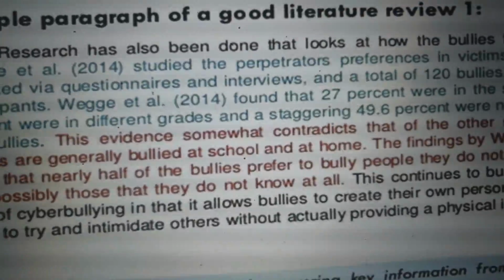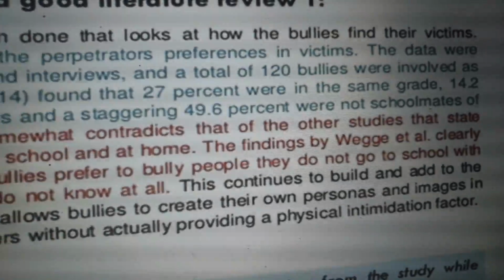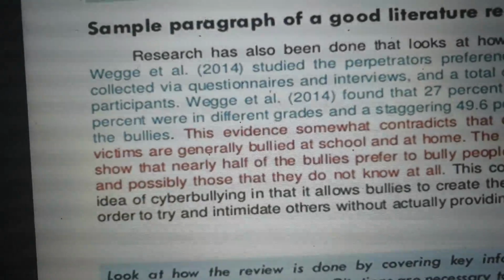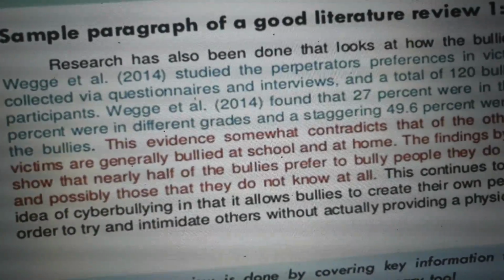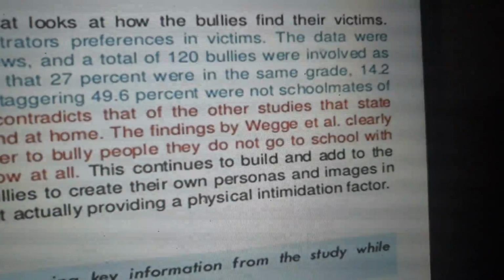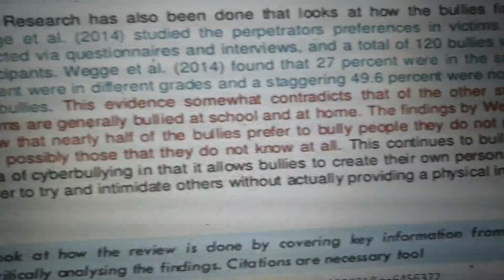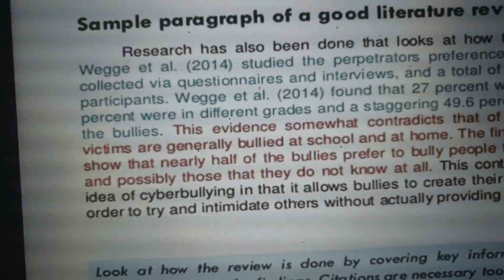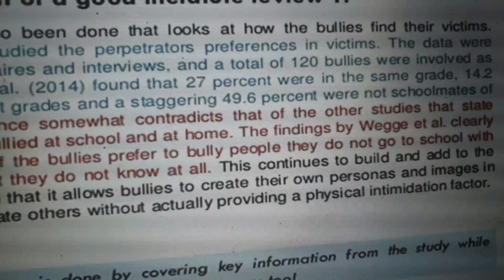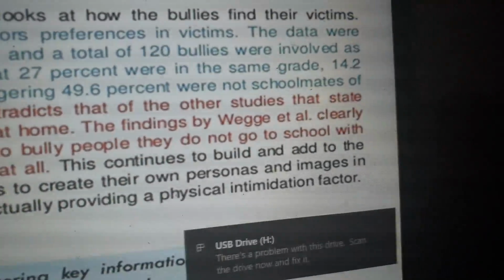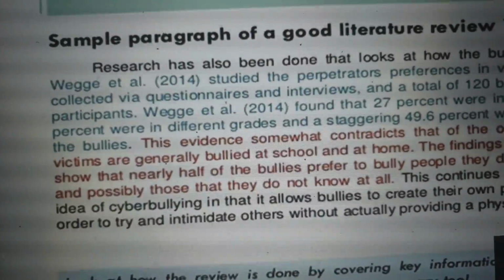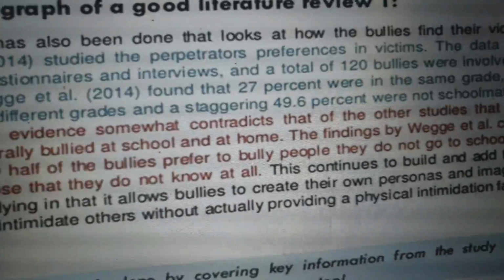This evidence somewhat contradicts that of other studies that take victims to be generally bullied at school and at home. The findings by Wege et al. clearly show that nearly half of the bullies prefer to bully people they do not go to school with, and possibly those that they do not know at all.